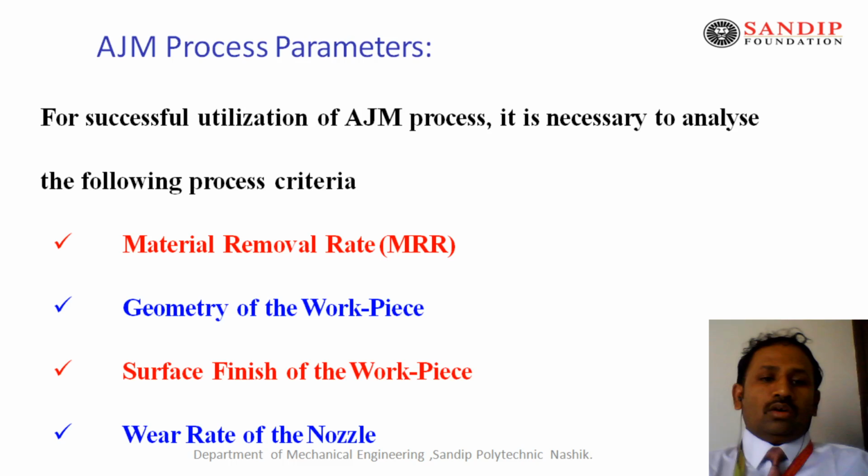It depends on the high jet velocity, again standoff distance, meaning the gap between workpiece and nozzle. Then geometry of the workpiece. Cutting action may depend on the geometry of the workpiece or its strength, or depends on the material. Then surface finish of the workpiece.